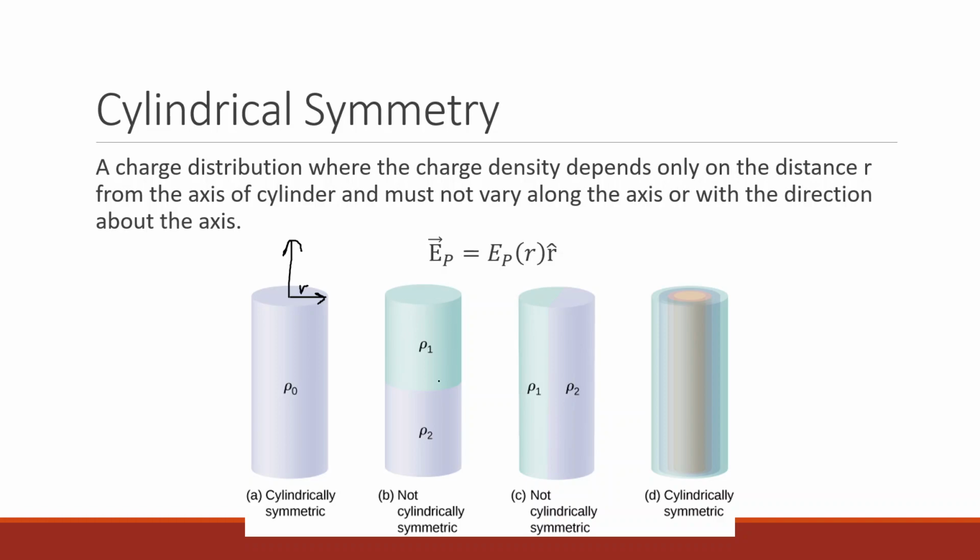So this one, we have the top half is rho 1, the bottom is rho 2, and those are not equal, and they don't vary along the radial axis here.